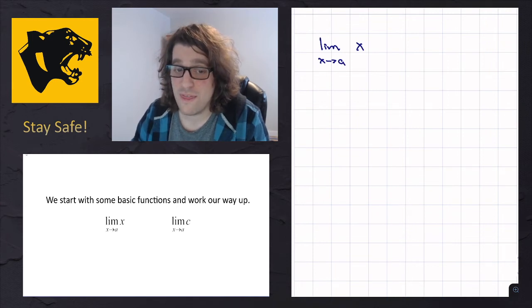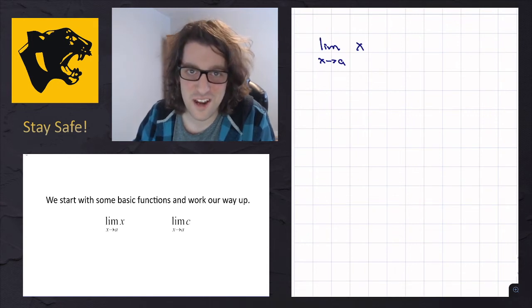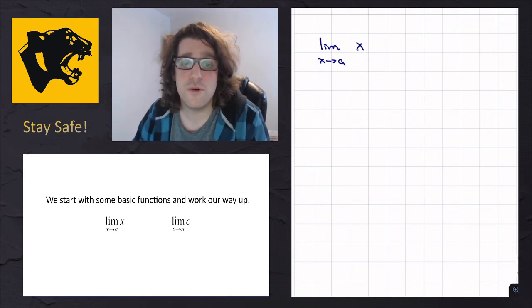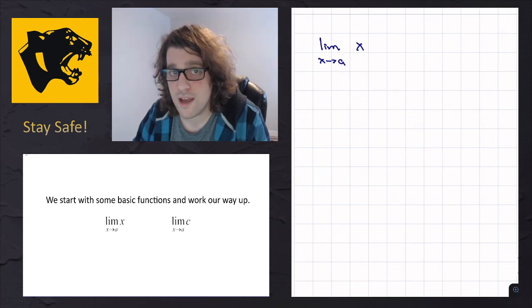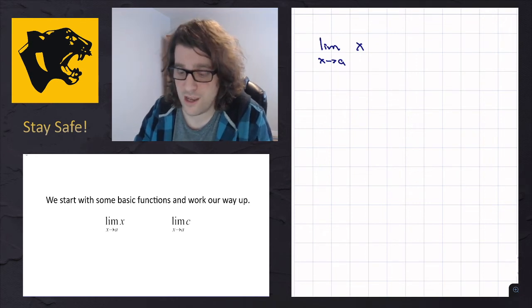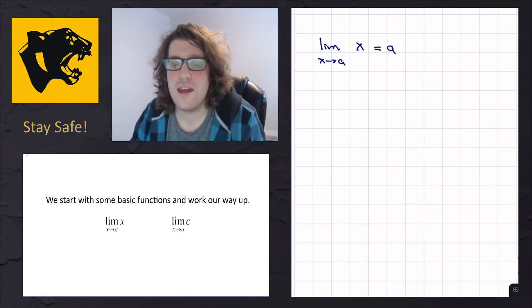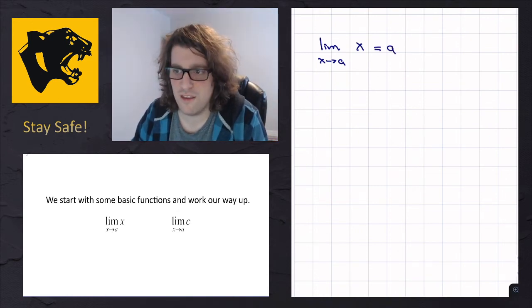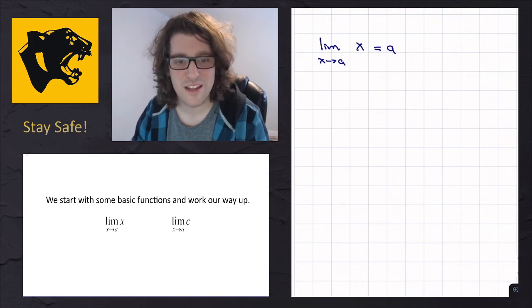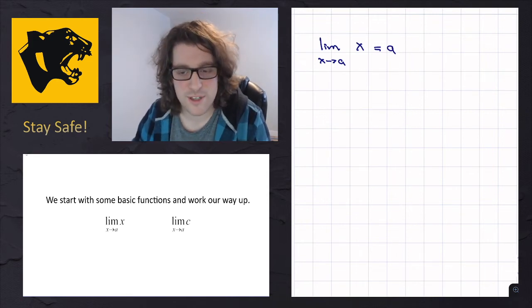As x approaches a, what does x approach? If it sounds kind of nonsense, it's because it is. So the limit as x approaches a of x, x is approaching a, so therefore the limit becomes a. Just in plain English, as x approaches a, x approaches a.